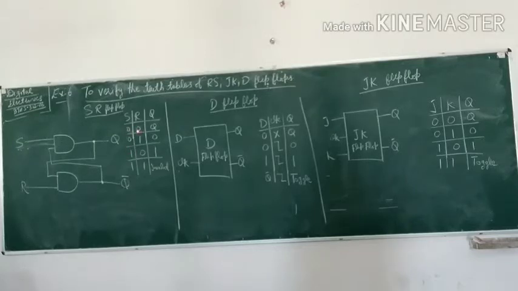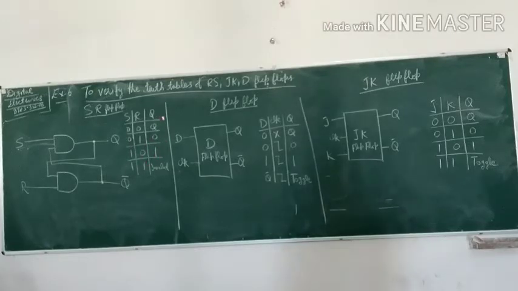When we have 0 and 0, both S and R are 0, it will remain in the previous state. When we supply reset as 1, the output Q will be 0 and Q bar will be 1. So that means the system will be in reset state. When we supply S as 1, R as 0, the system will be in set state.